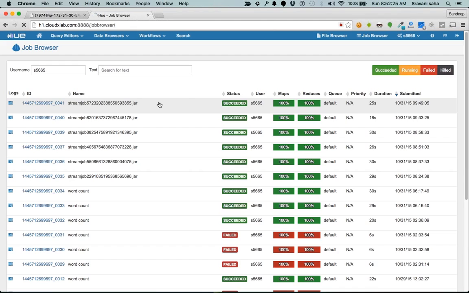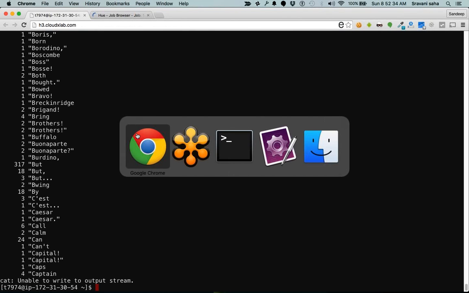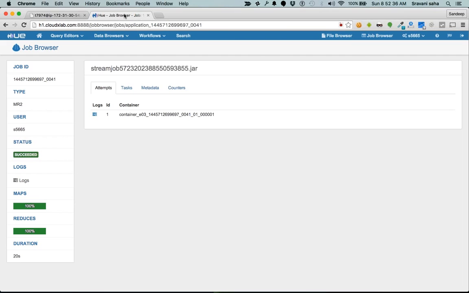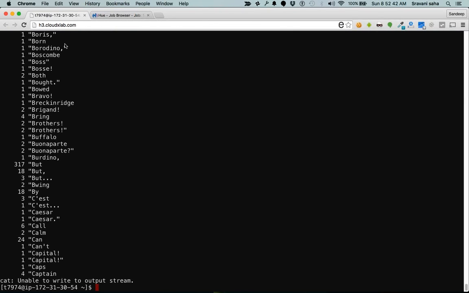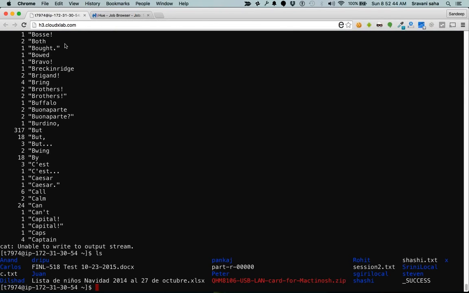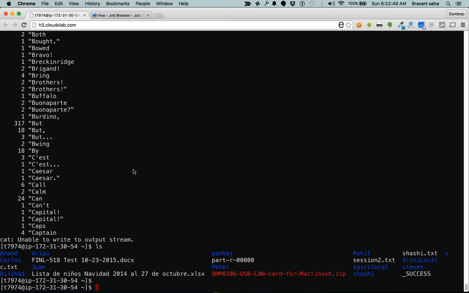You can see the job via the job browser. You can have a look at various jobs. Thank you, Anand, for letting me know, because I was struggling to get the job ID and all. Whenever you run a job, you can go to the job browser and have a look. Generally, this path, which is displayed by any job, is good enough.